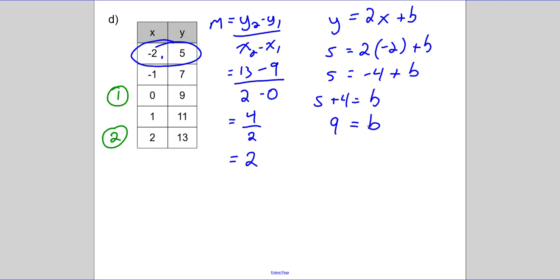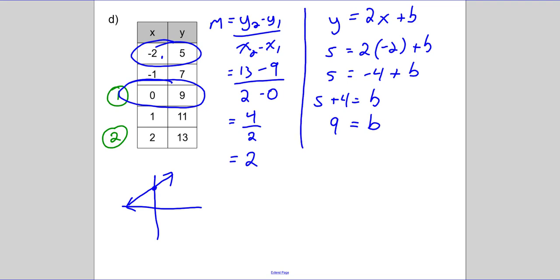Now, in this case, there's actually even a better way to find that, because they gave me my y-coordinate right here. If you were to graph this, you can see that we'd have a point at (0, 9). So my line would look something like that. We'd have a positive slope of 2, so it's going up and to the right, and we can see the y-intercept is (0, 9). So in this case, they actually gave it to you in the table of values.